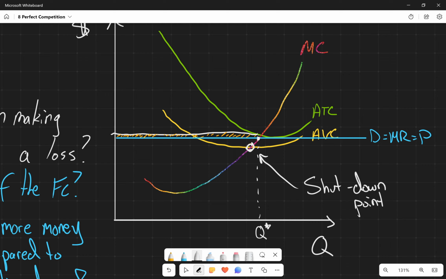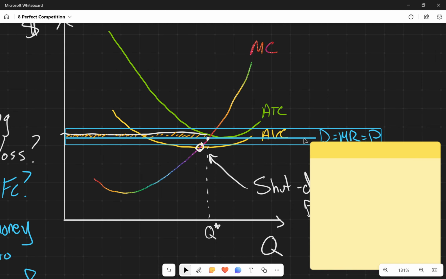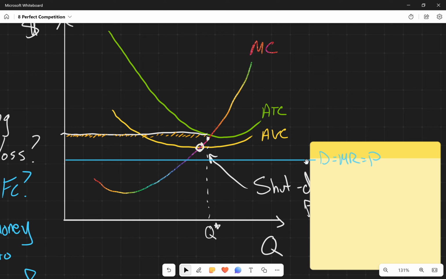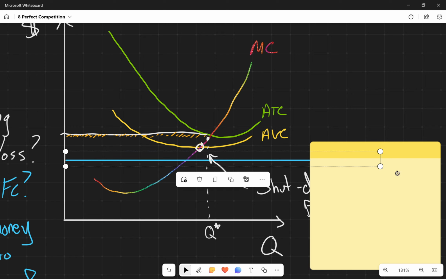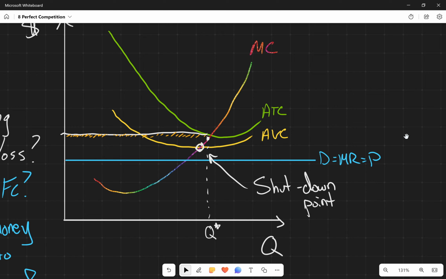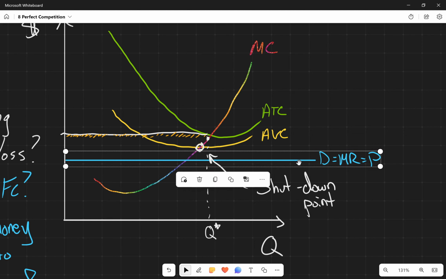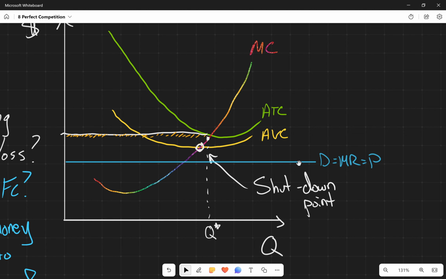We call it the shutdown point because if your demand were for some reason to drop, down here, right, we'd be in that situation where we just talked about. We'd be in that situation where we're losing more money than we would be losing if we just shut down completely and paid our fixed costs.